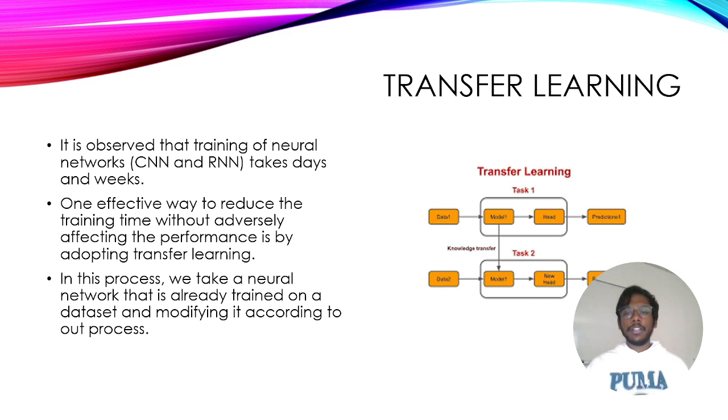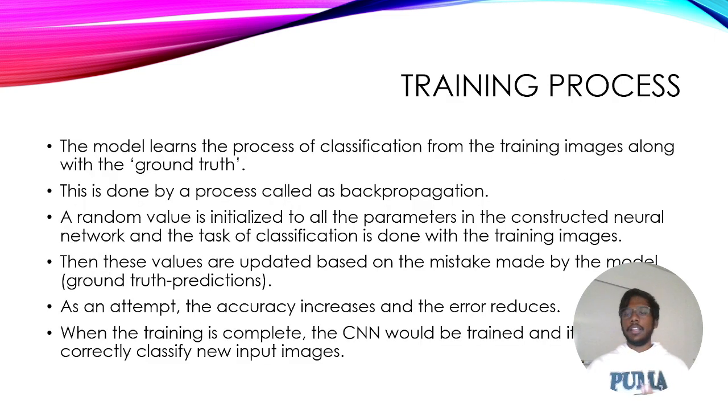And now we are going to come up with an important concept called transfer learning. This is also one of the types that comes in learning. So what we had observed in this slide is that there are a lot of computations and a lot of calculations, and training a neural network itself takes a lot of time. Then just imagine training a CNN, how much time it would take.